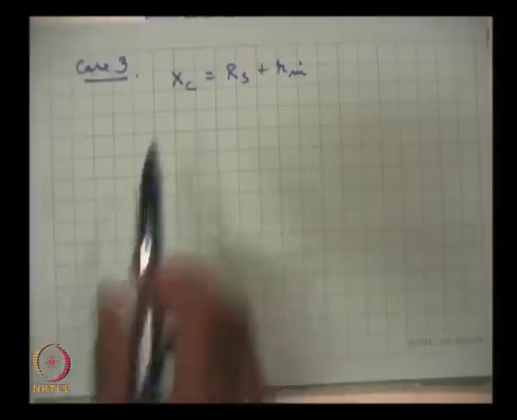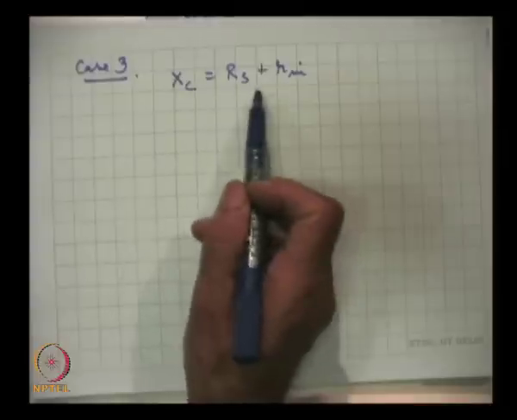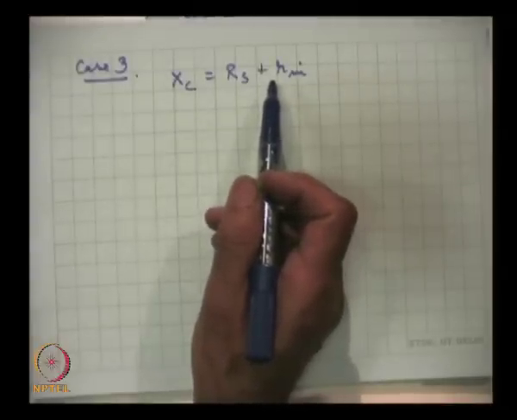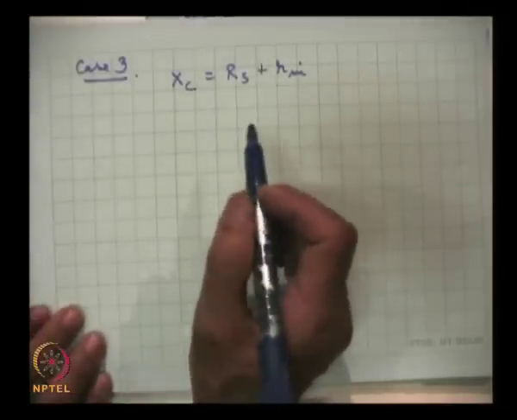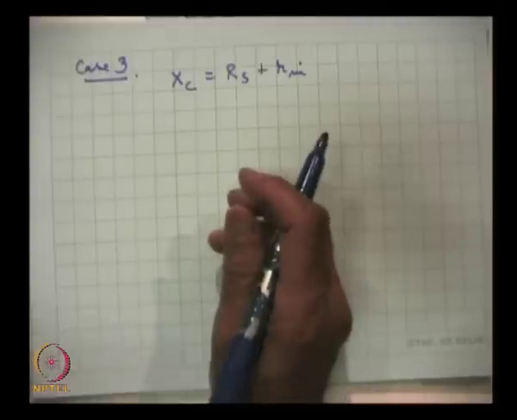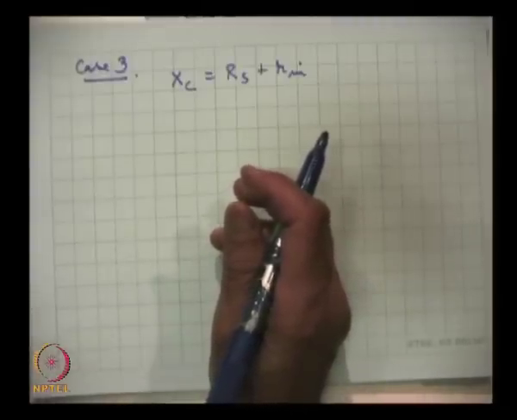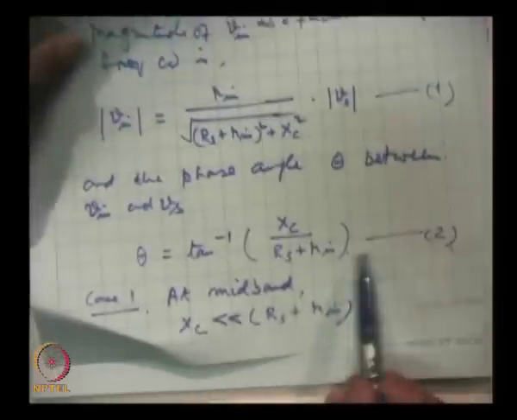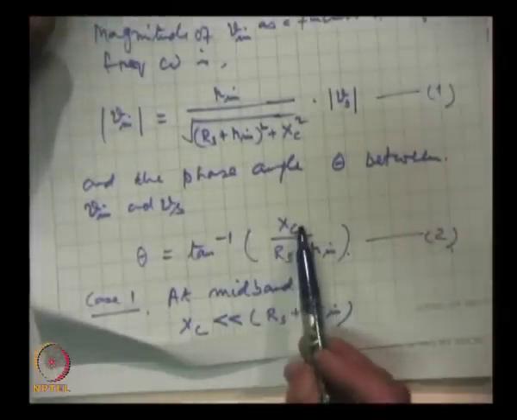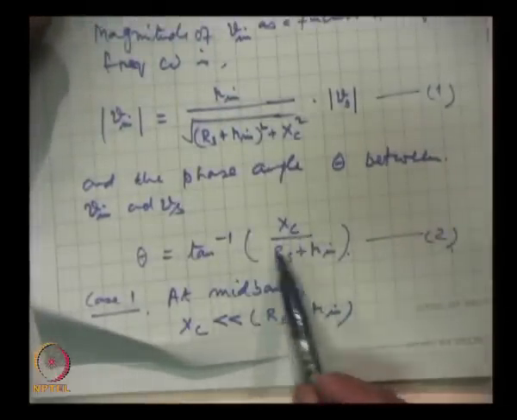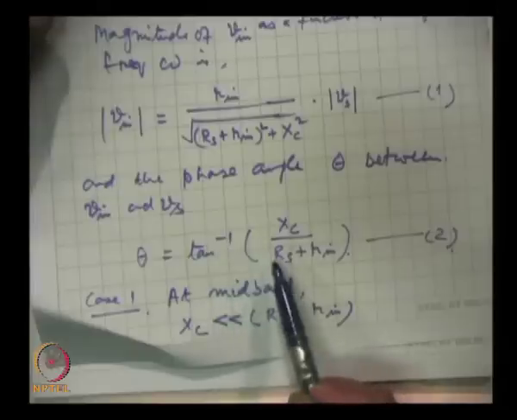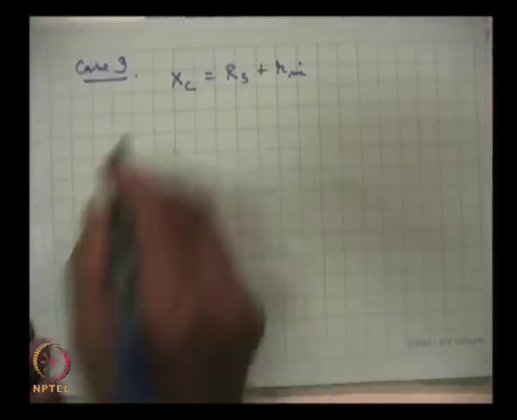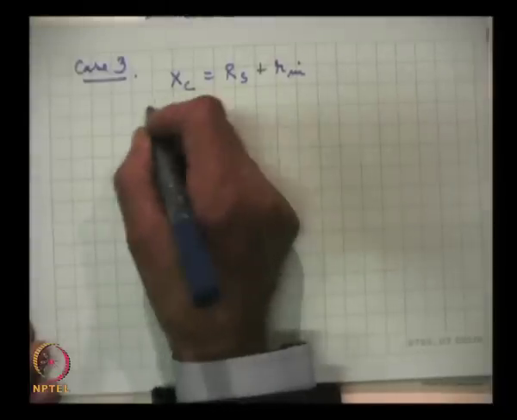So if Xc is equal to the two resistances, then from equation 2, this will be tan inverse 1 and theta will be 45 degrees.